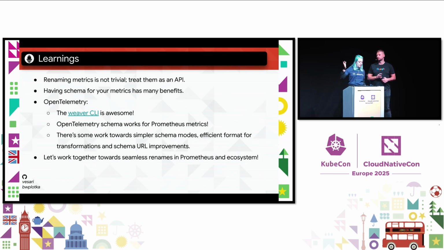And these schemas actually work for Prometheus too. And of course, there's some work to be done towards more simplicity, a more efficient format, transformation, etc., and to improve the schema URL, as Bartek said, going towards a schema ID. But we can work together towards these seamless renames in Prometheus and the ecosystem for a better world.